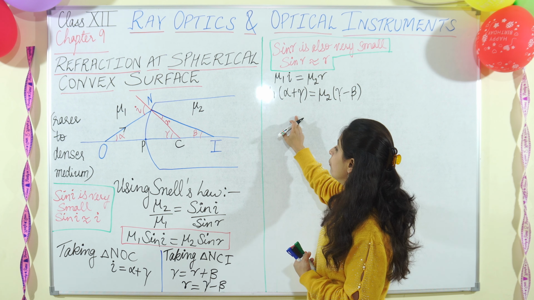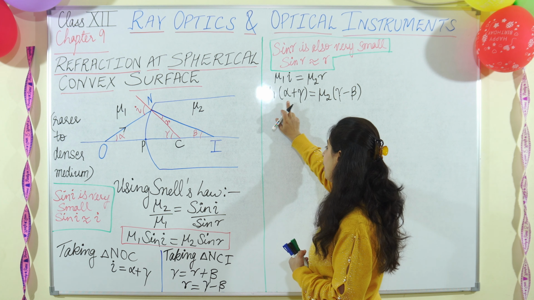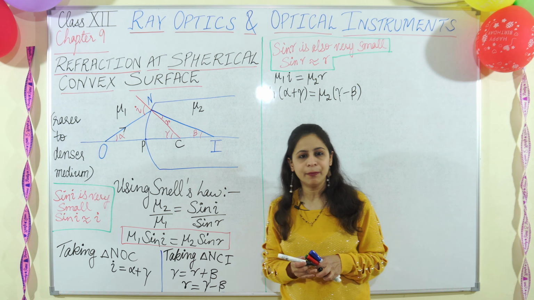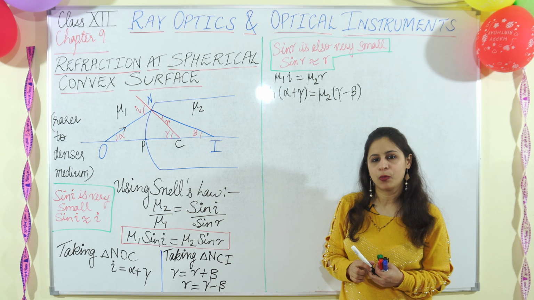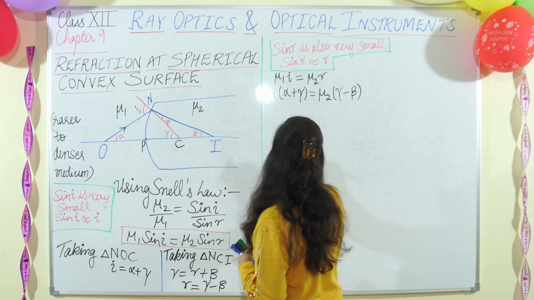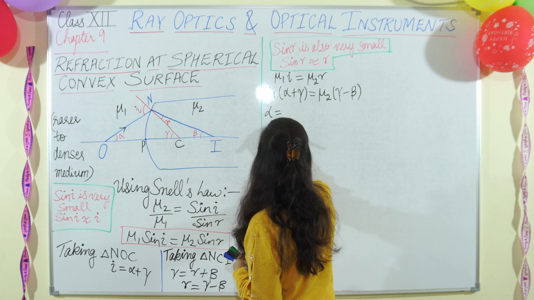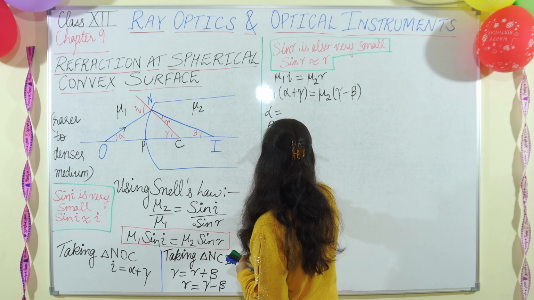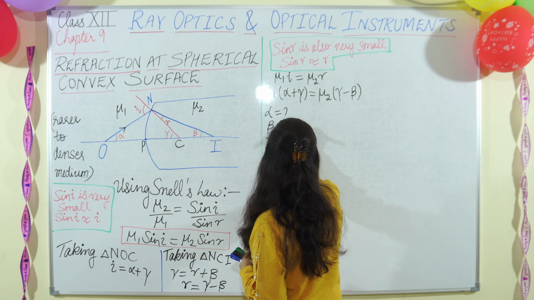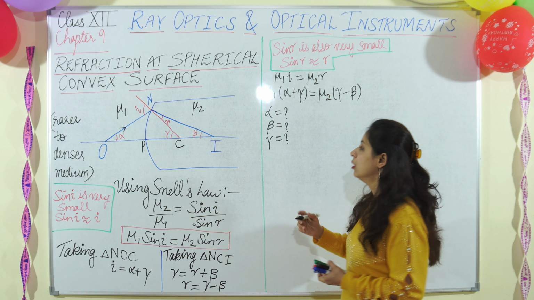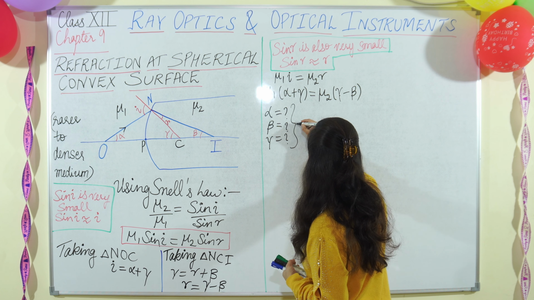Now we will be finding out the values of alpha, beta and gamma with the concept of angle equals arc upon radius.